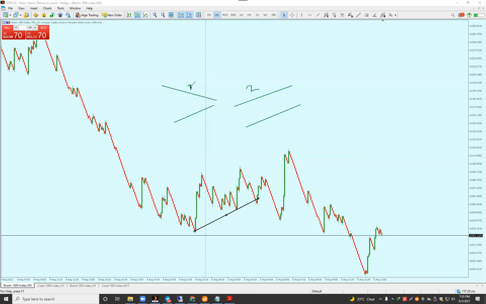And number one is your trend line. The channel is where you get two levels which are parallel. But here, if this line side has a different slope and this line side has a different slope, it cannot be a channel. It is your trend line.